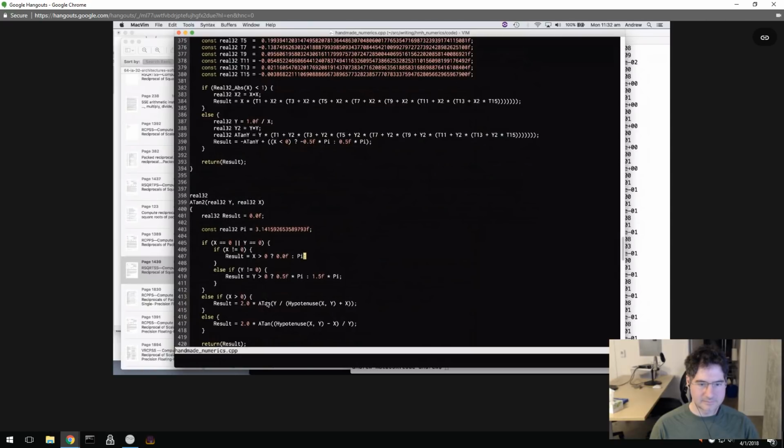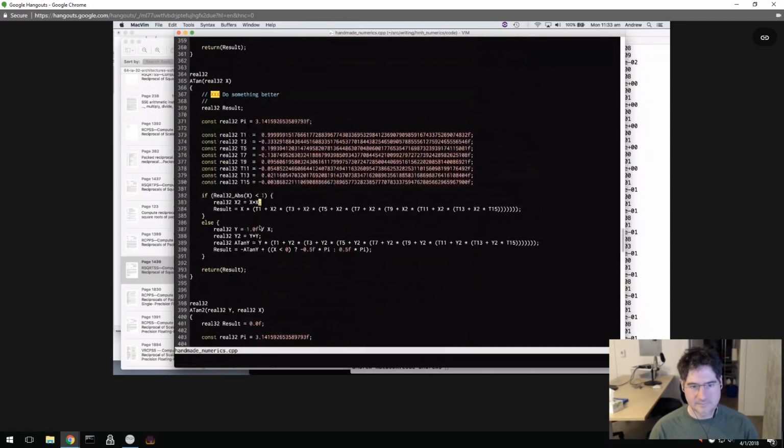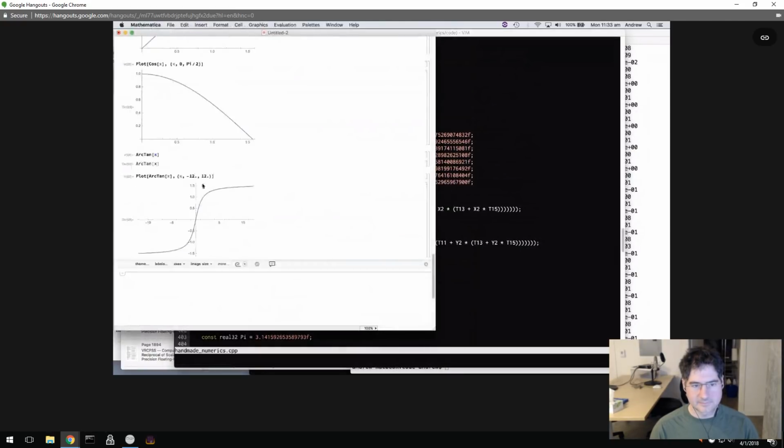The range reduction that we need to know here is, if you look at arctan and plot it, arctan looks like this. It maxes out at pi on 2 here and negative pi on 2 here. But what's interesting is what happens in the range from negative 1 to 1.